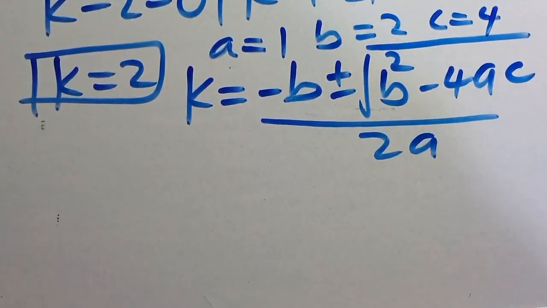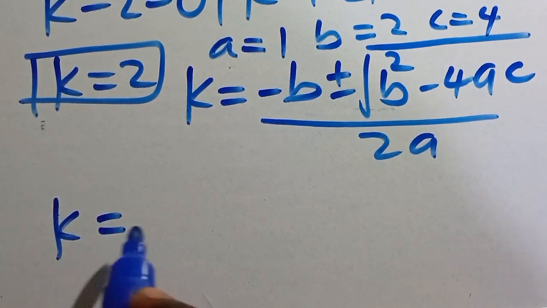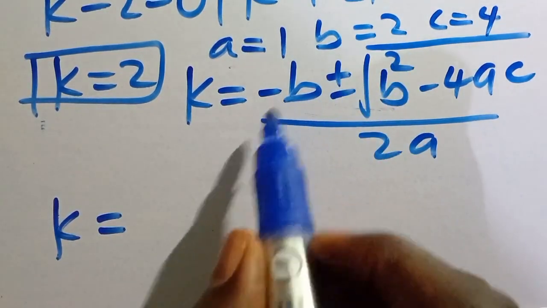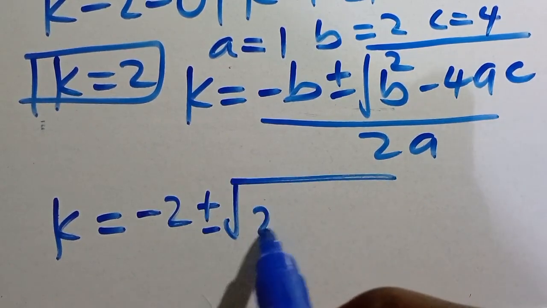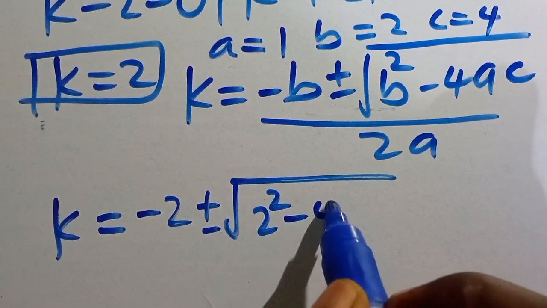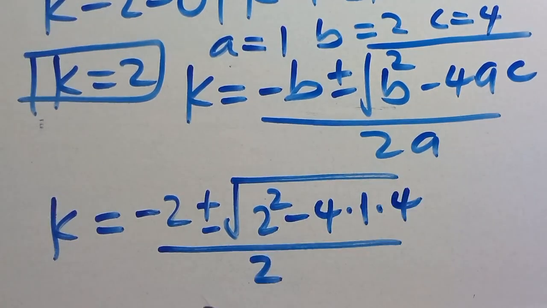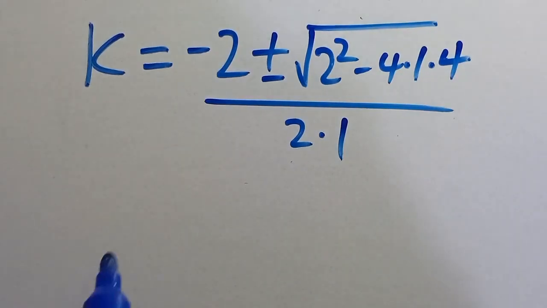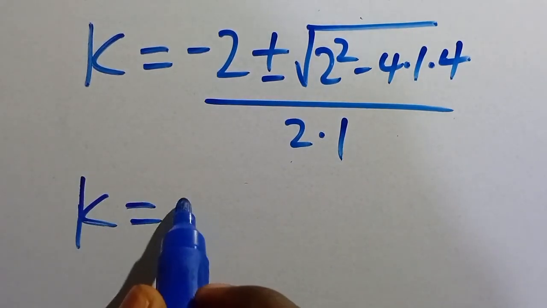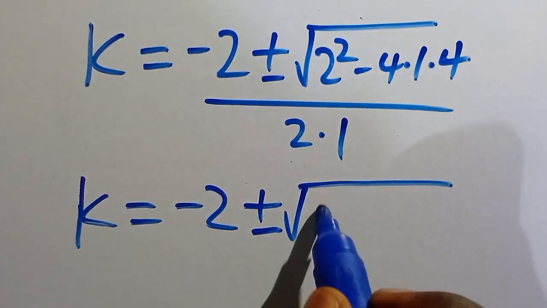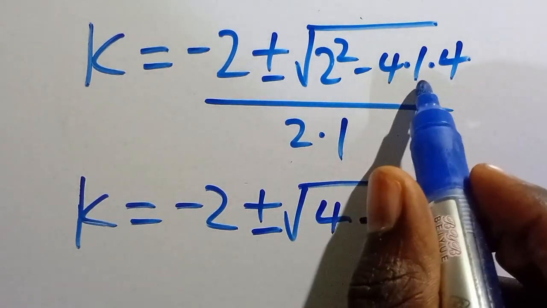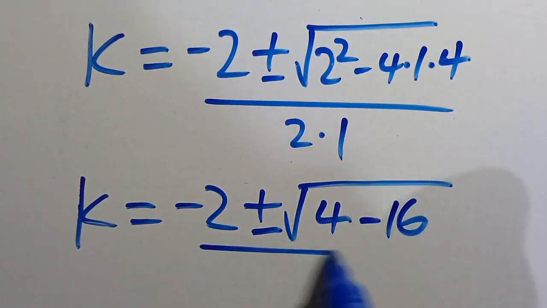Then when you substitute everything here, we are going to have k equals minus b, here will be minus 2, positive or negative, root of 2 square minus 4 times 1 times 4, divided by 2. So from here we have k equals minus 2, positive or negative, root of 2 square will give us 4. 4 times 1 is 4, times 4 will give us 16, divided by 2.